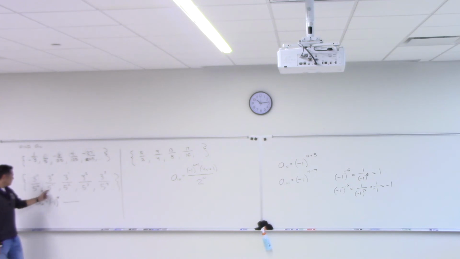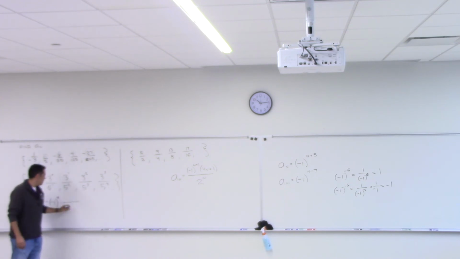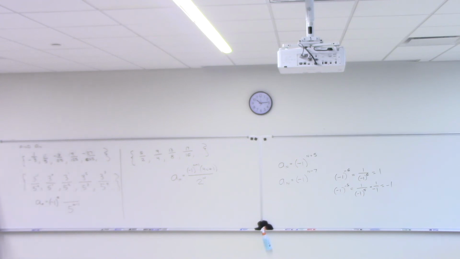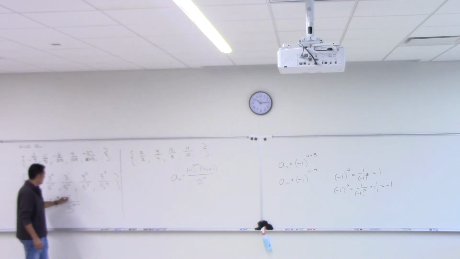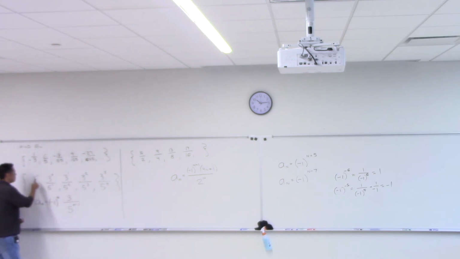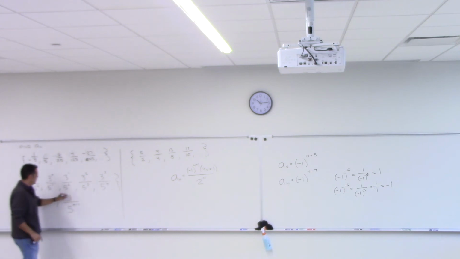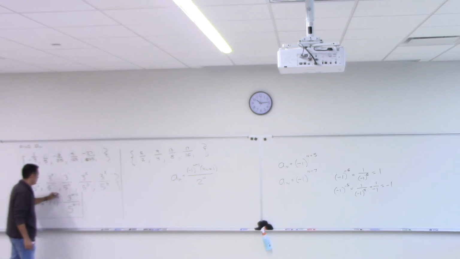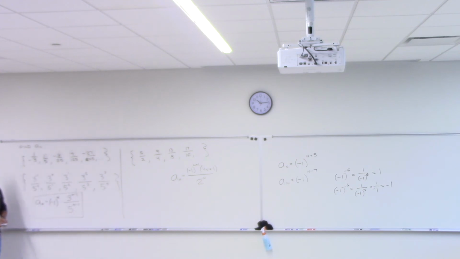Look at the bottom. So 5 to what power? N minus 1. And then 3 to what power on top? N minus 2, because you need to start at negative 1. There we go. That would be the formula for that sequence.